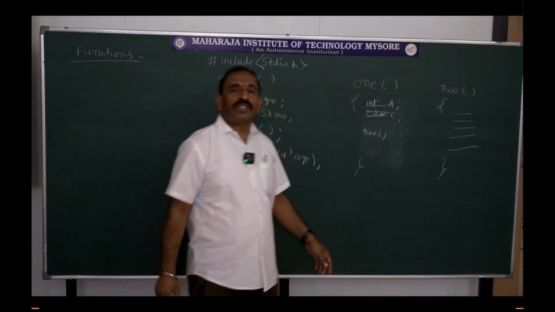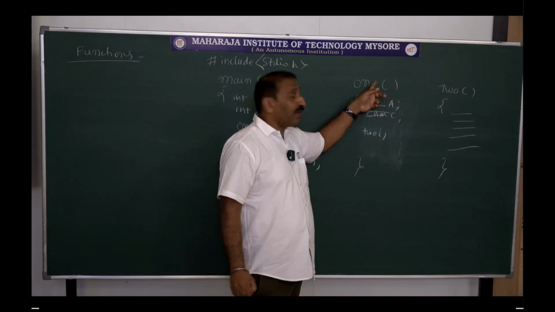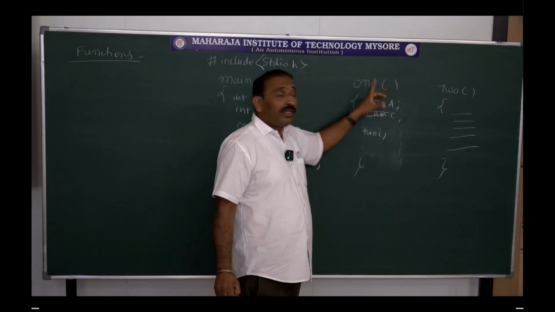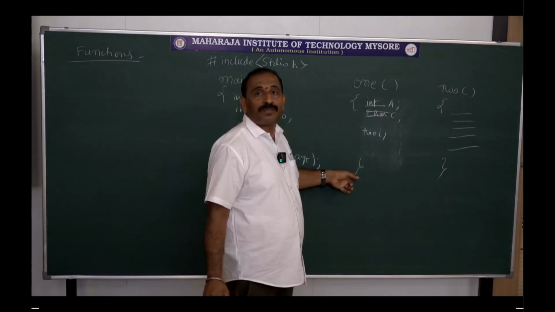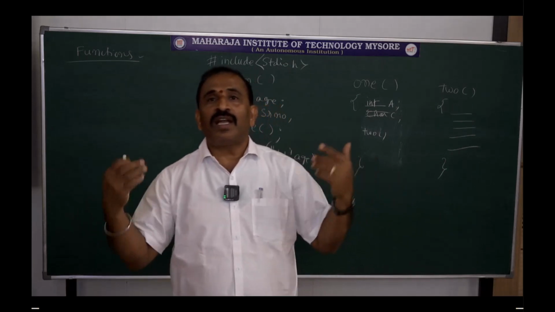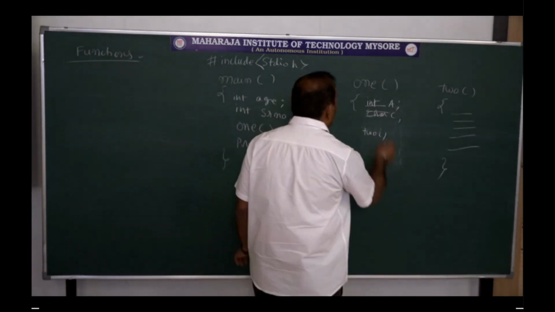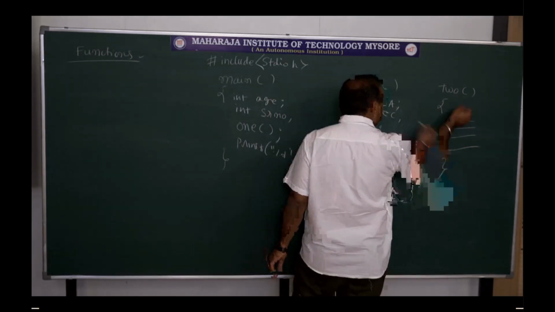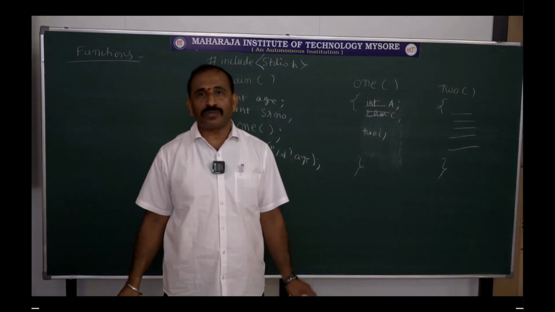A and c are the two variables you have declared in the function called 1. They are valid only within these two braces. When you go out of this brace, they are invalid. They don't have any significance at all. So either here in this function, you cannot use a variable like a or c.